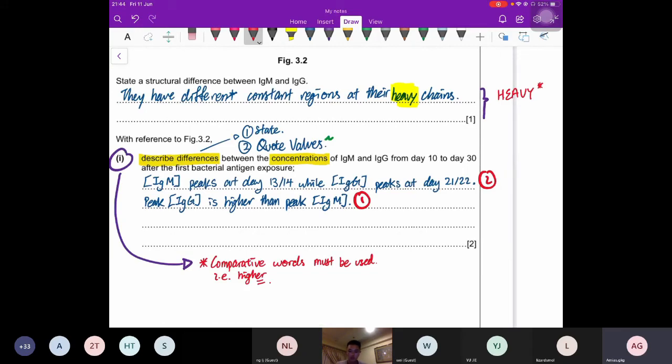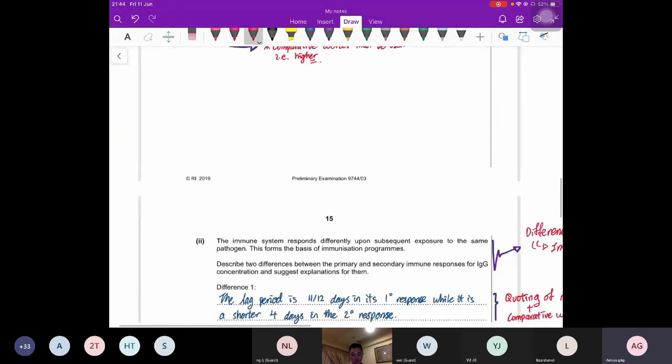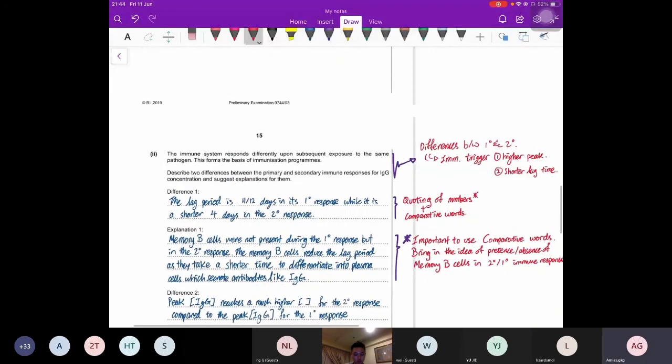And because you talk about differences, you have to use comparative words. Otherwise, your answer doesn't make sense. You have to use comparative words like higher, shorter. Next, you have your two differences.